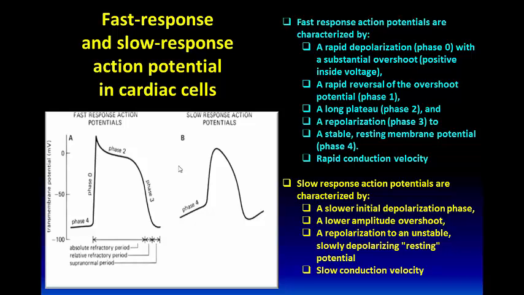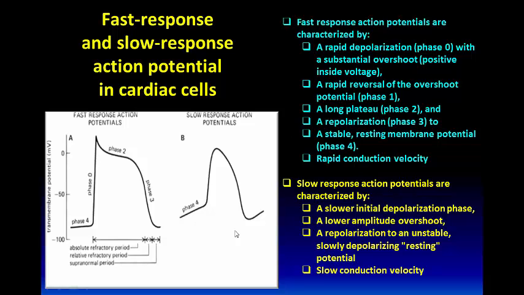But normally the sinoatrial node does not respond to any stimuli. Rather, the sinoatrial node generates the action potentials, the cardiac impulses, spontaneously. So the action potentials recorded from the sinoatrial node are better called slow action potentials, without the word response.